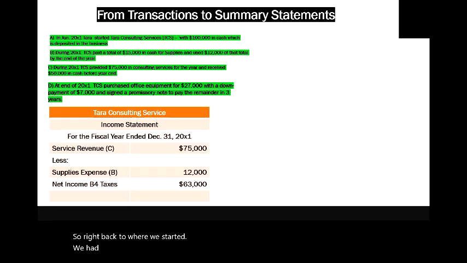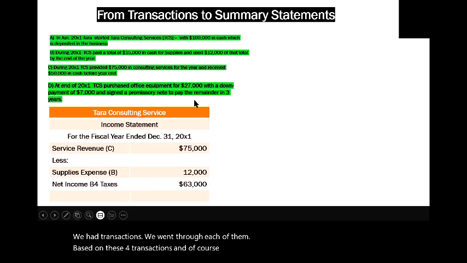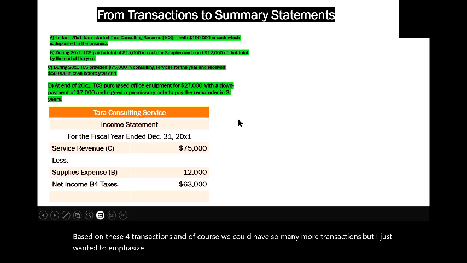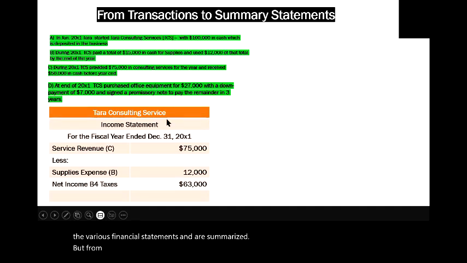We went through each of them based on these 4 transactions. And of course, we could have so many more transactions, but I just wanted to emphasize the get and the give, the debit and the credit, and how they flow into the various financial statements and are summarized. But from these transactions, we were able to generate our 3 major financial statements.